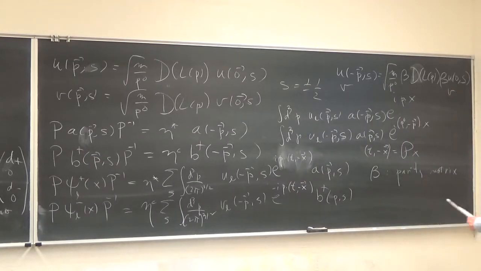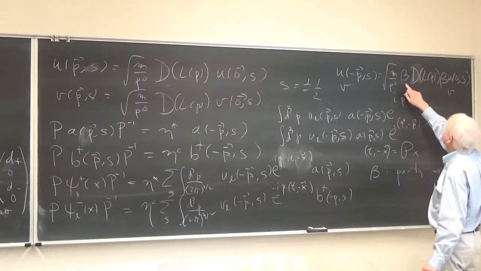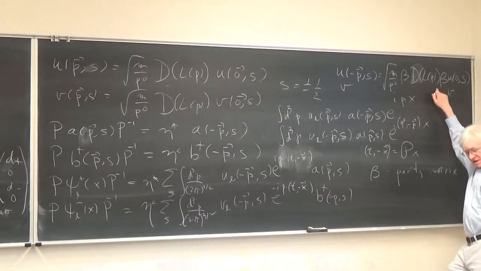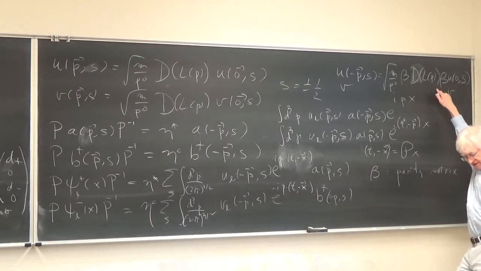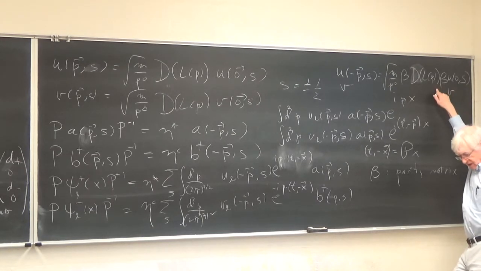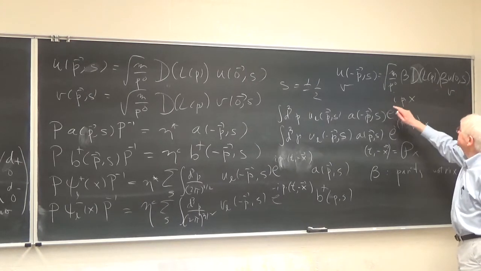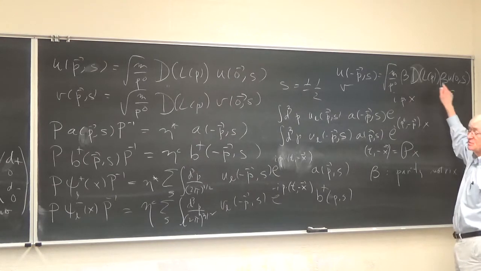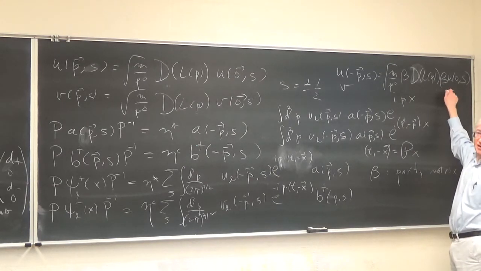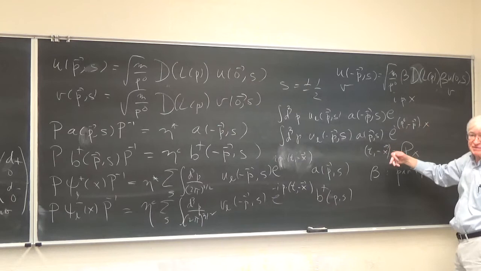Now, what is this saying? What this is saying is that when you have a beta on a Lorentz operator, it doesn't affect rotation, but it affects boosts, and it inverts boosts. And consequently, it takes p to minus p. See, without the betas, this would be u of p and s. With the betas, it's u of minus p and s.